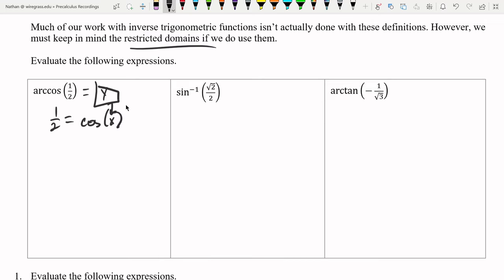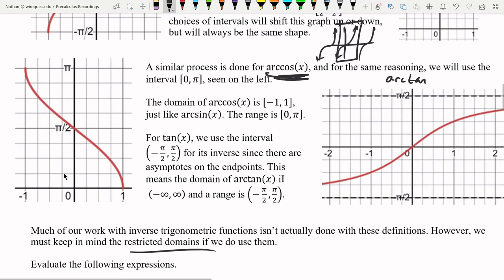It's the same thing you get when you say cosine of theta, or cosine of some angle, equals 1/2. And for cosine, I showed you that before, the range of arc cosine here is going to be from 0 to pi. Those are the angles we're looking at. We can't have anything greater than that or anything less than that.